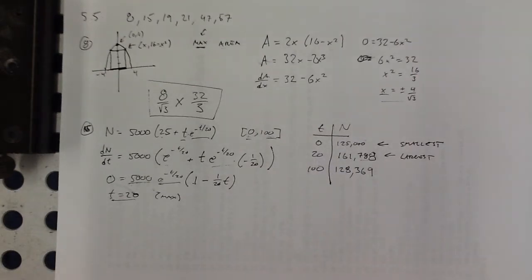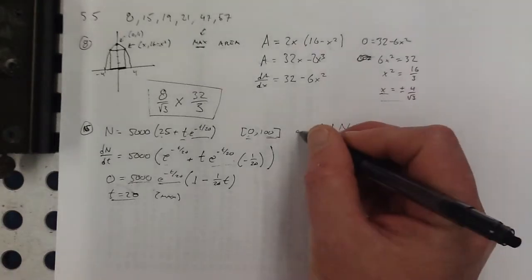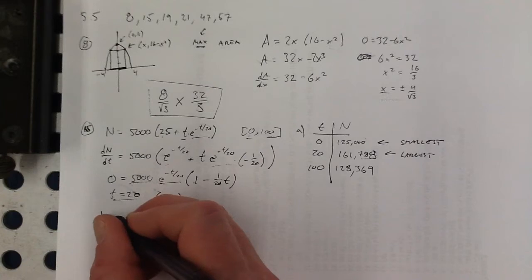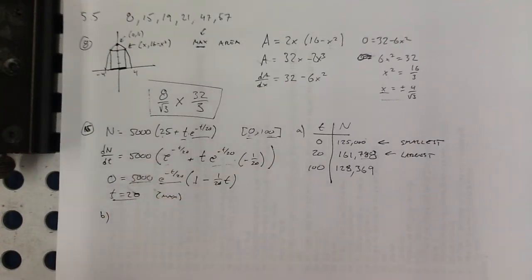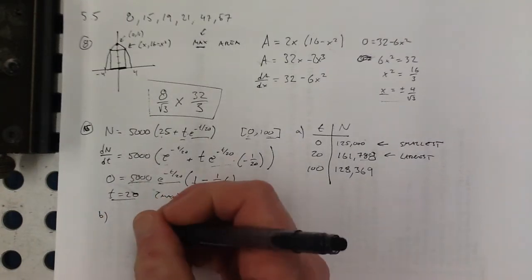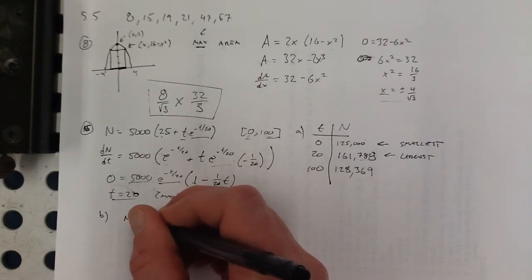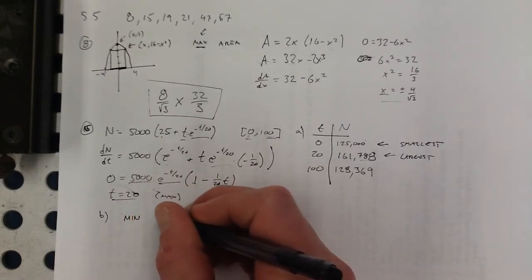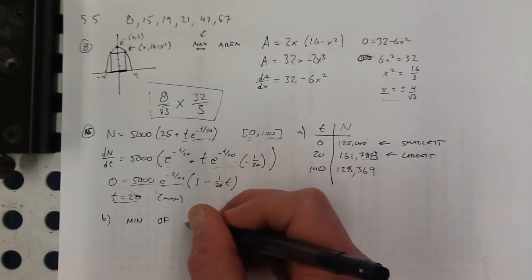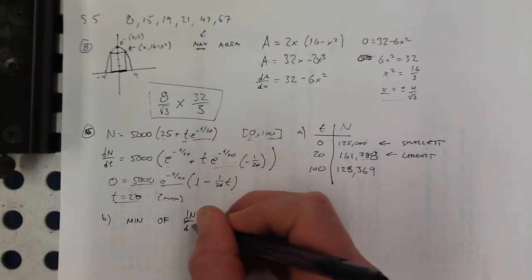At what time during the interval in part A is the number of bacteria decreasing the most rapidly? Well, when is it decreasing the most rapidly? So that means, in other words, what is the minimum of dN/dt?